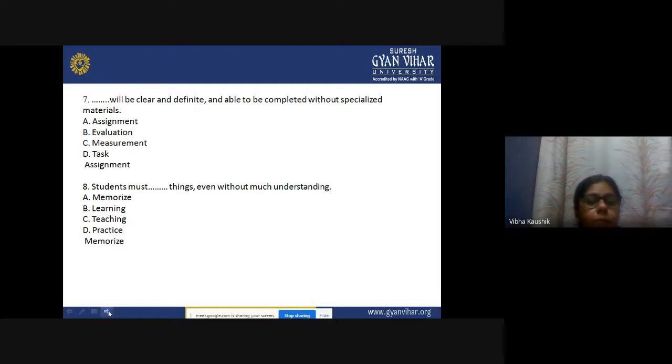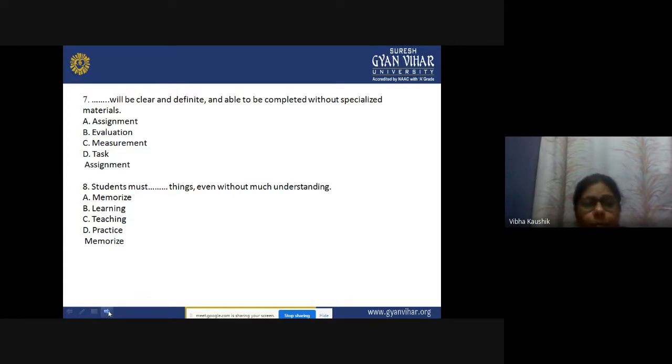Now the eighth one, student must dash things even without much understanding. Now what is that thing that students do even without much understanding? It means they do not understand that concept, but they just do that thing. Now the options are A memorize, B learning, C teaching, D practice. Now these are the options.